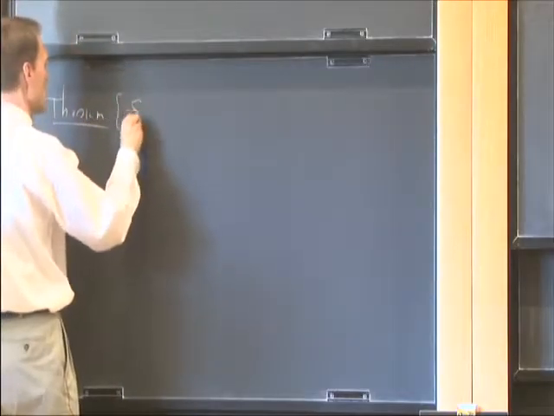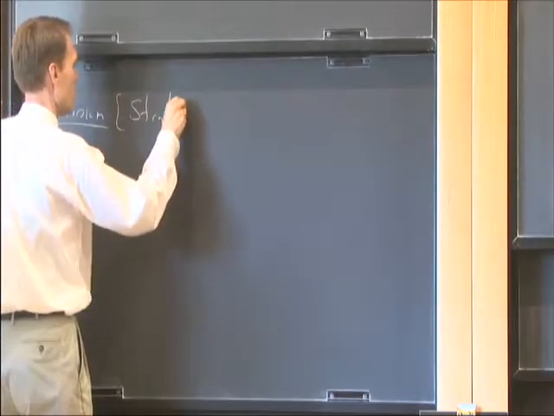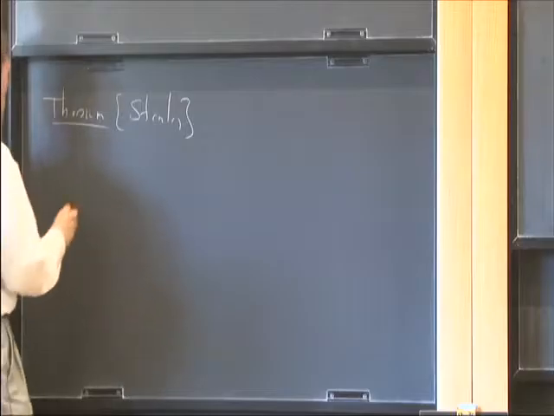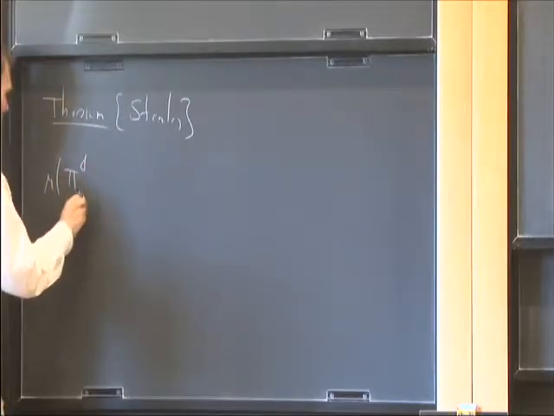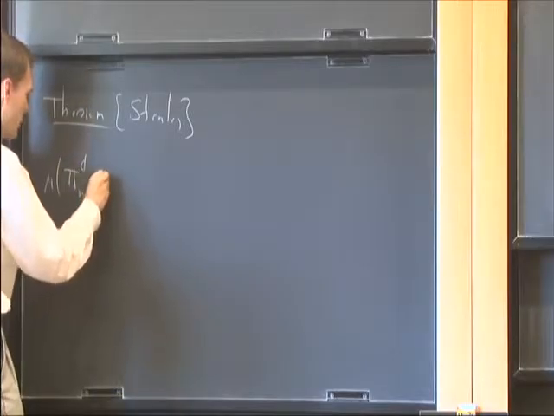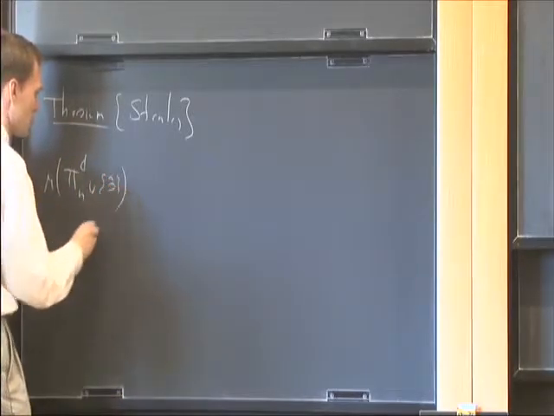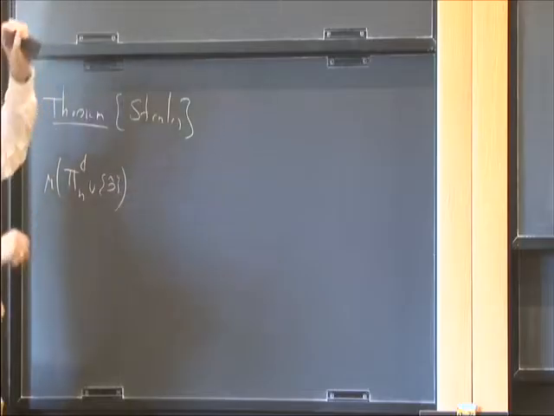a result due to Stanley is that the Mobius function, if I look at these partitions, I have to throw in a new minimal element. So compute the Mobius function from the top and bottom.